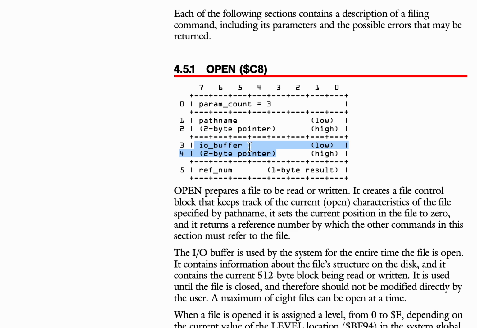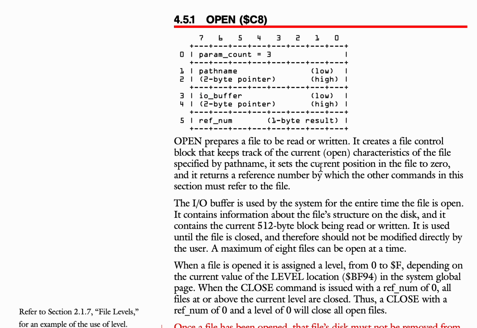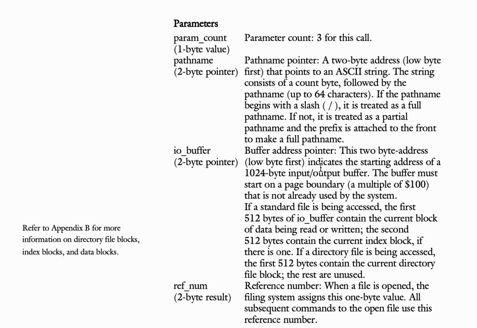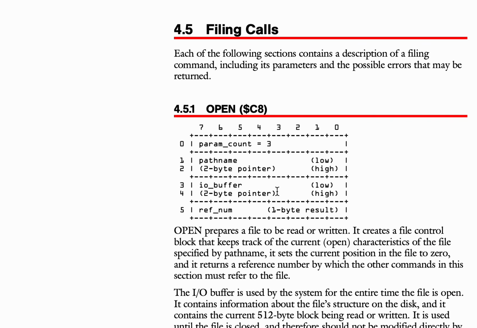I actually believe half of it is for the current block that's been read out of the file from disk, and the other half is a block like the directory, or a block that points to other blocks. It's kind of bookkeeping information about it. And like I said, this has to be in memory which is considered to be free by Protos.